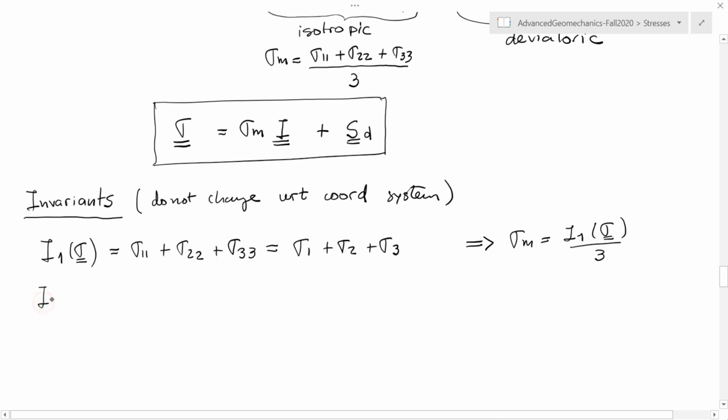There are 2 other invariants. The first one is the most useful one, and we're going to have the second invariant and the third invariant.